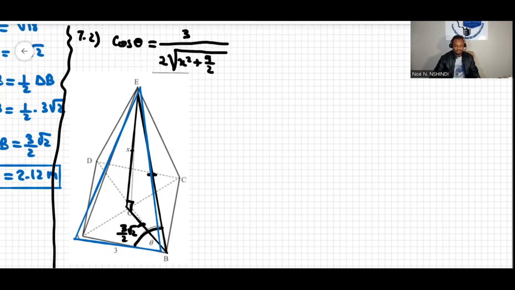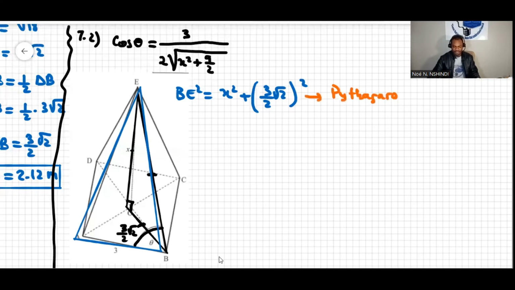So now what I'm going to write is BE squared would be equal to x squared plus 3 over 2 square root of 2, squared. Okay, this is the Pythagorean theorem. Now this will be x squared plus 9 over 4 times 2.